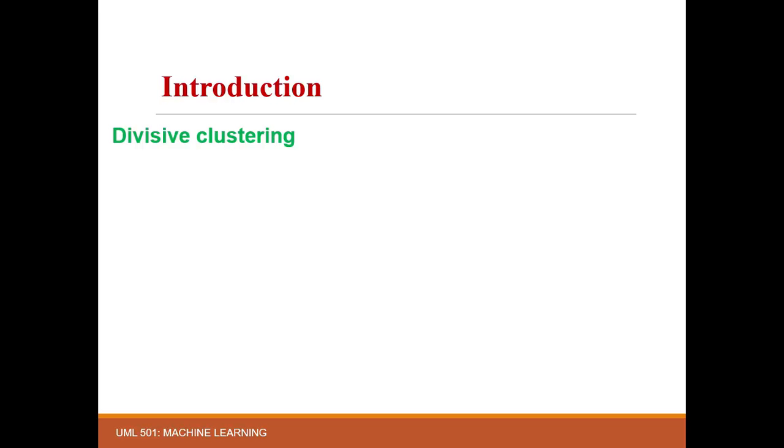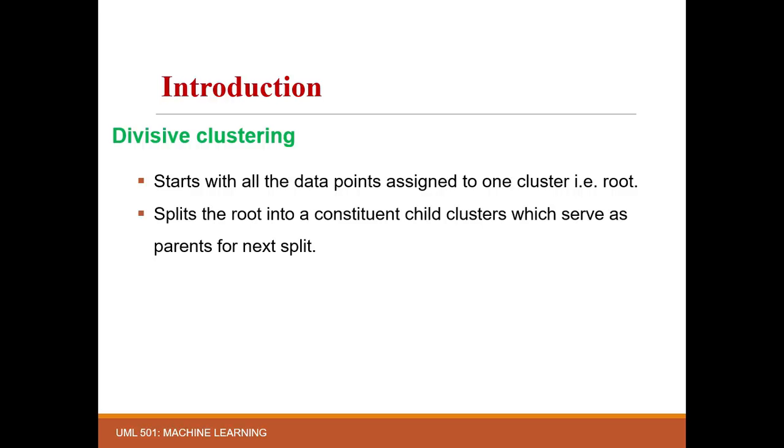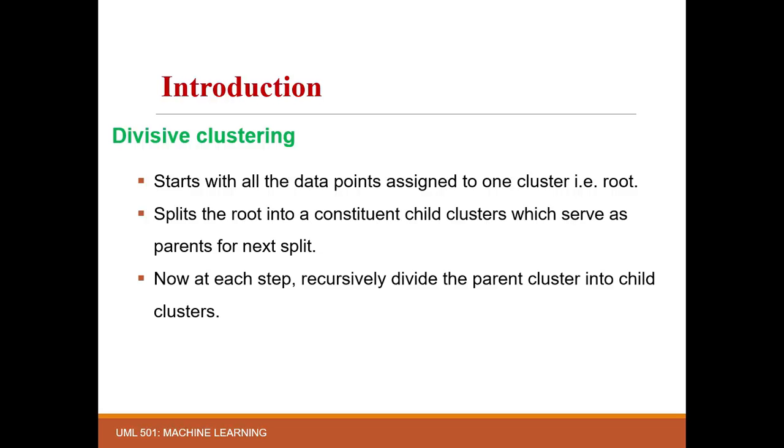Next one is divisive clustering. Here it starts with all data points assigned to one cluster, that is root. So in contrast to the agglomerative method, here every point is not a separate cluster. All the data points are in the same cluster at the start. At every step we will split or divide the cluster into child clusters, which become the parents for the next split.